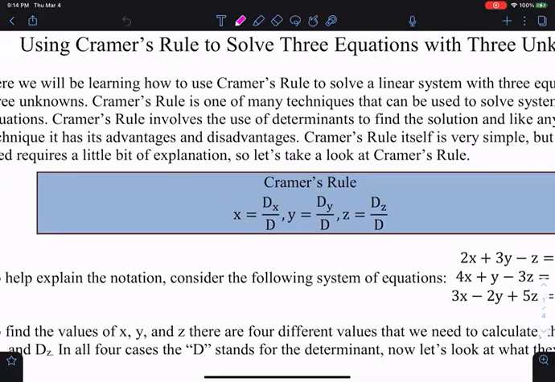Also, with Cramer's rule, if your main determinant is 0, then you can no longer keep doing the algorithm, because if you get a main determinant of 0, that means it's undefined, right? Because we have division by 0, and we cannot continue.